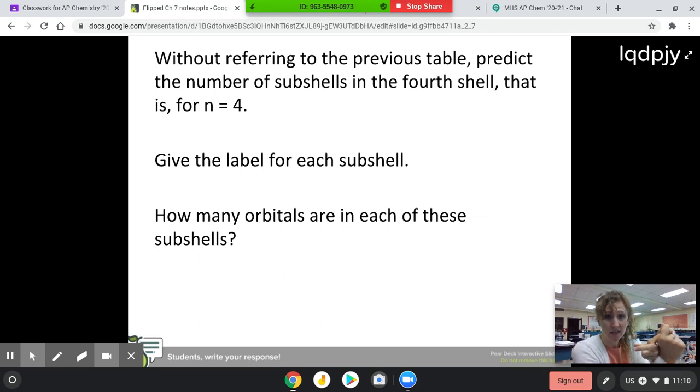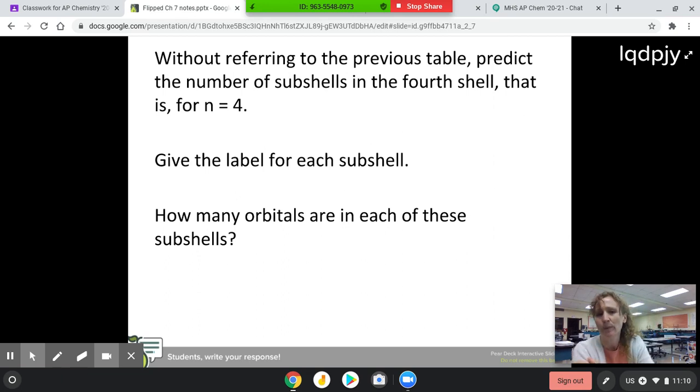And then L would be referring to the shape or the subshell, like 4S would contain N and L, and that'd be a subshell. And then M sub L tells you the orientation. So if you have N, L, and M sub L, like 4px, that would be 1 orbital.